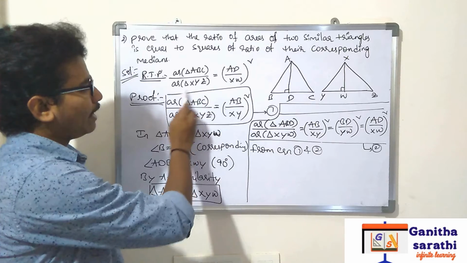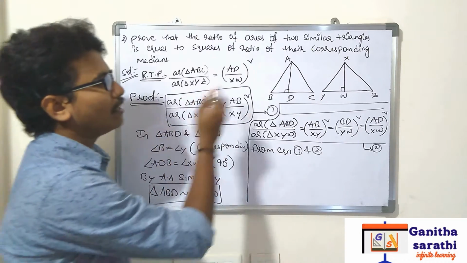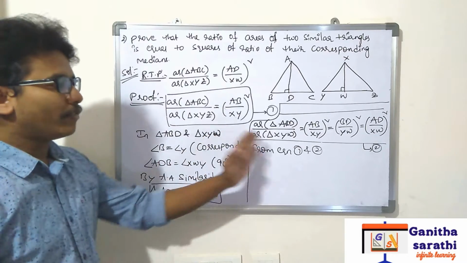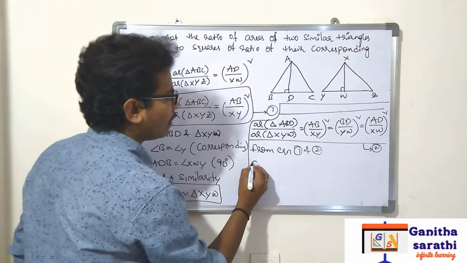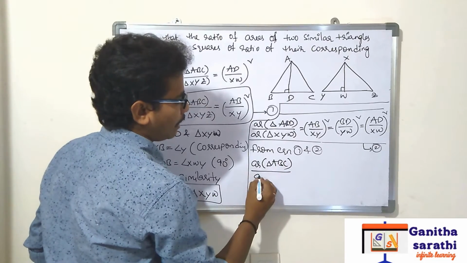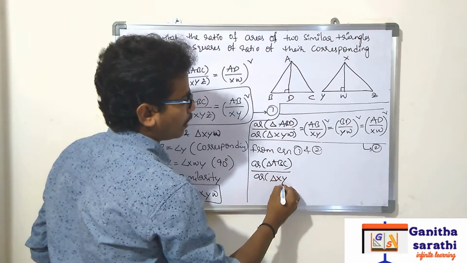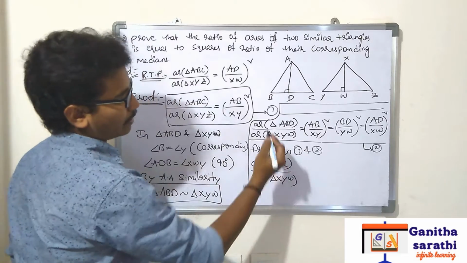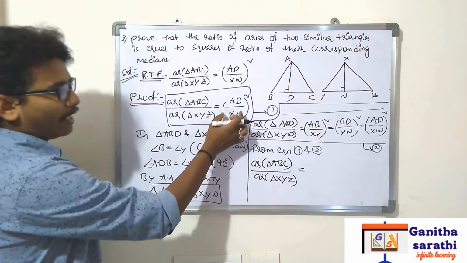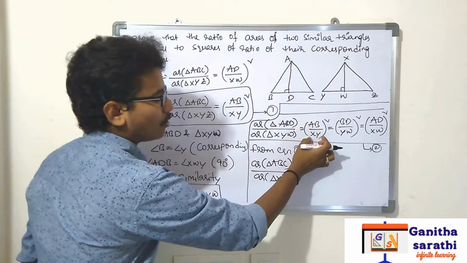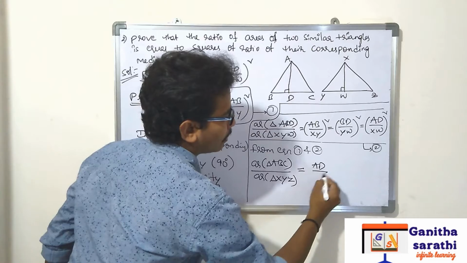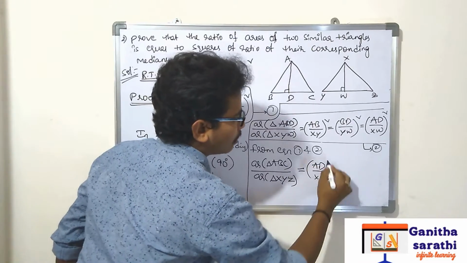Area of triangle ABC by area of triangle XYZ is equal to medians AD by XW whole square. From equations 1 and 2, what can we write? Area of triangle ABC by area of triangle XYZ is equal to AB by XY whole square, is equal to AD by XW whole square.